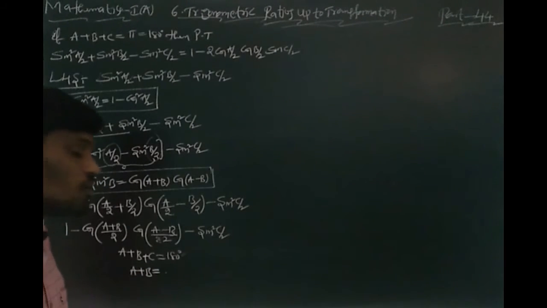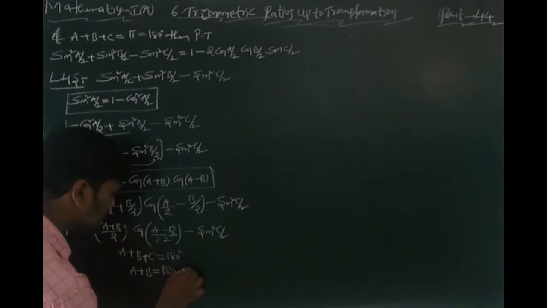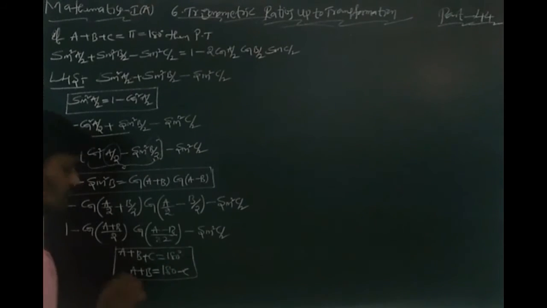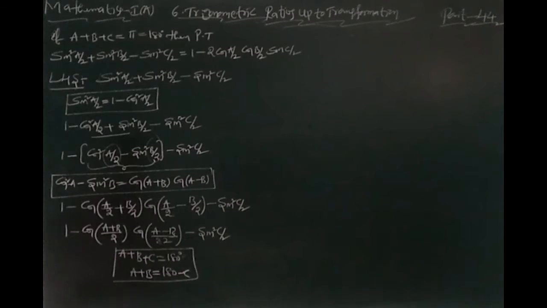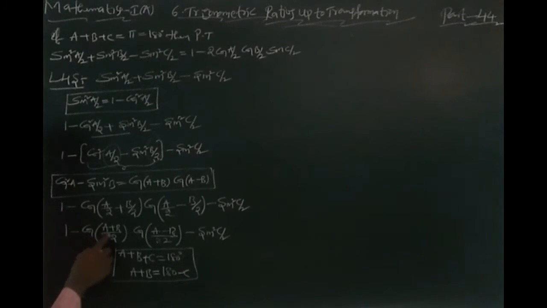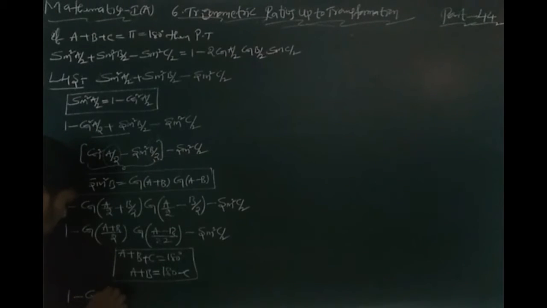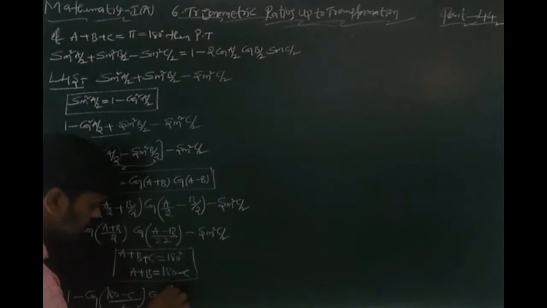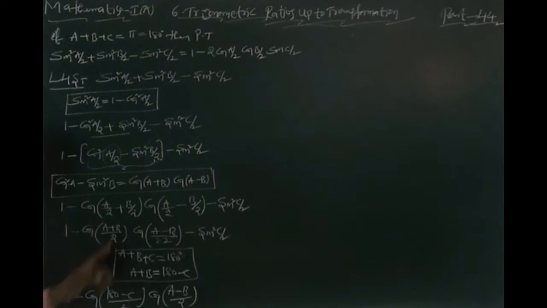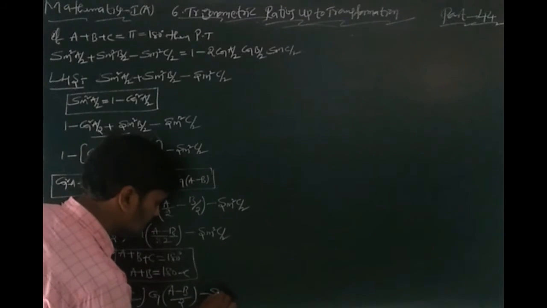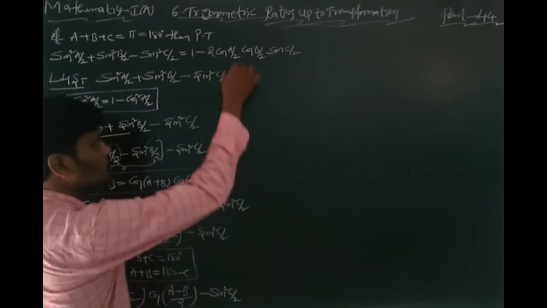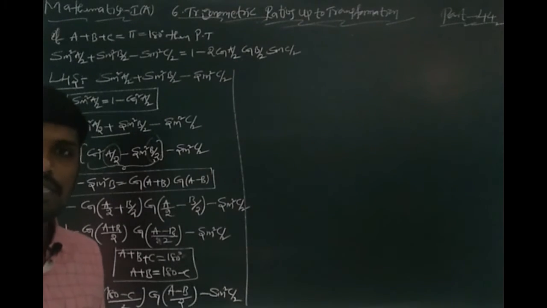A plus B is equal to 180 minus C. Right, here in place of A plus B, you can write 1 minus cos of 180 minus C by 2 into cos of A minus B by 2, minus sin square C by 2.